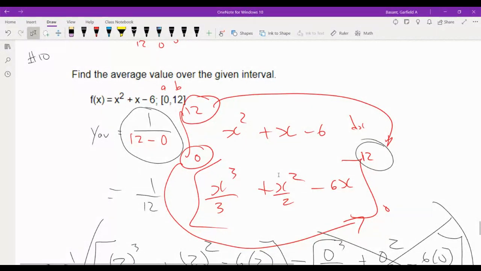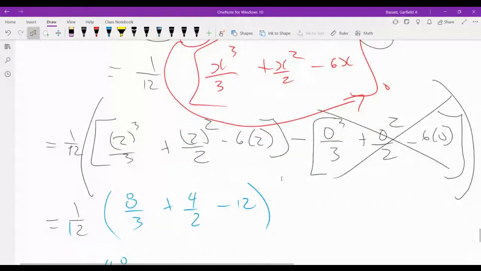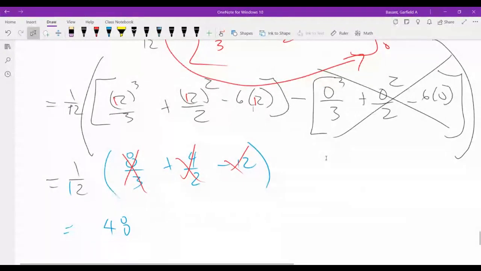And this actually is incorrect again because we're plugging in the 12, these are all 12s. So the final answer is 48. After you plug in 12, the zeros got canceled out.